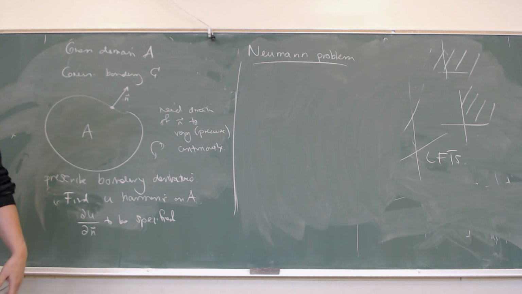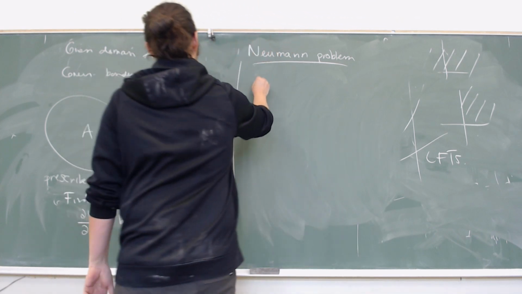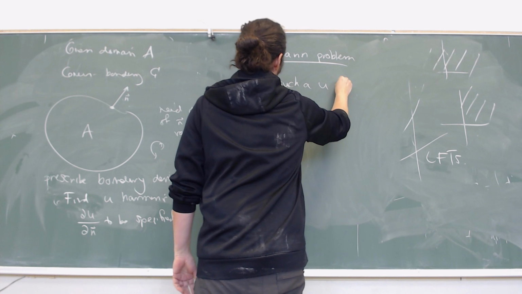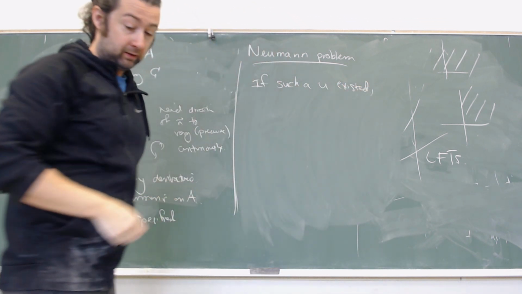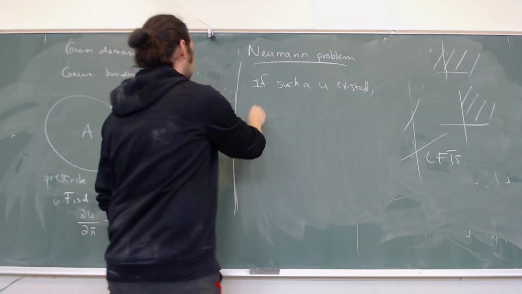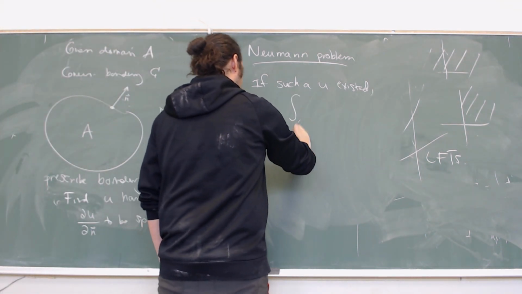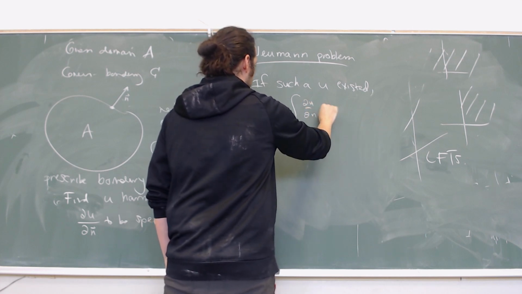And so it turns out that if such a u existed, then I think the integral on gamma of du/dn has to be 0.